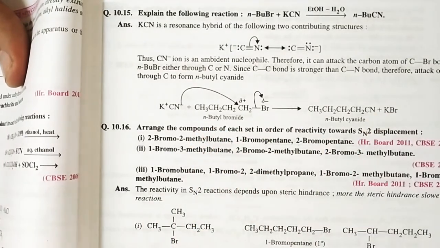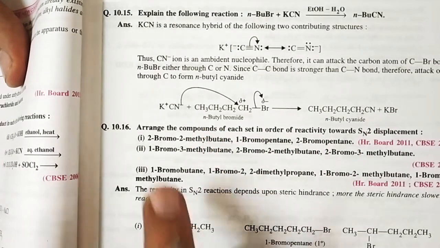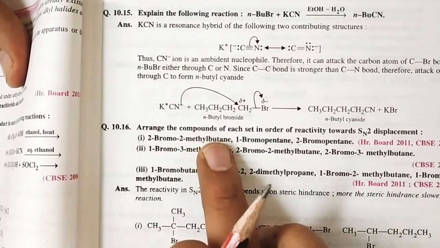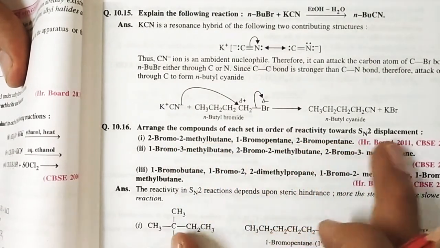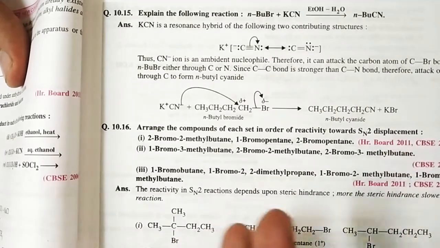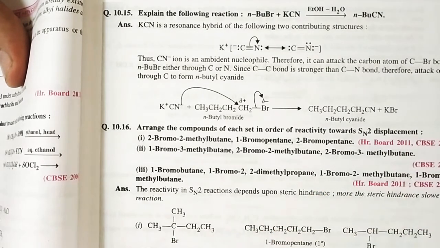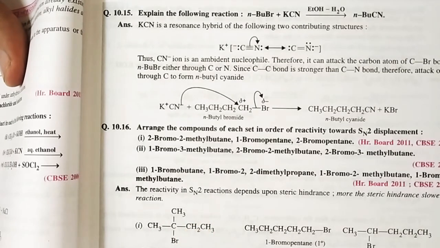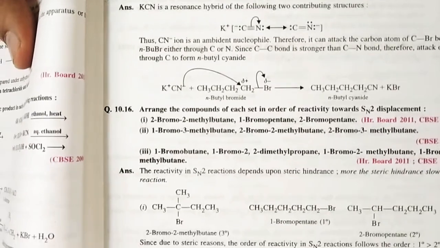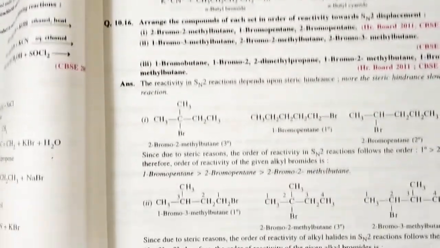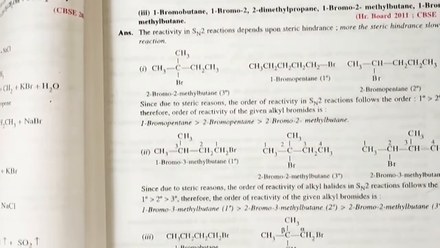Okay. Now the next question is to arrange the compounds of each set in order of reactivity towards SN2. These questions were already discussed in our SN1, SN2 lecture, so it's a simple revision. First set: 2-bromo-2-methylbutane, 1-bromopentane and 2-bromopentane. We have to order them for the SN2 mechanism.